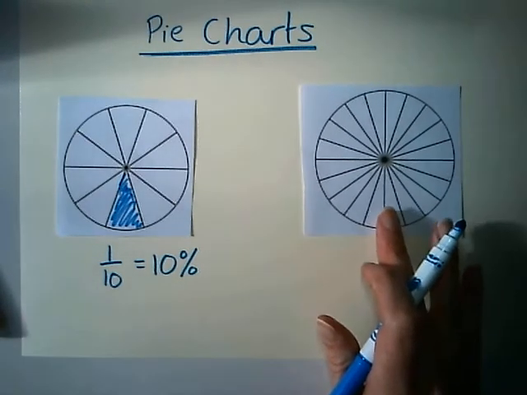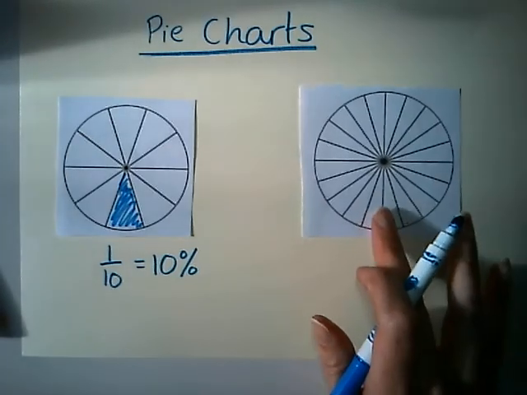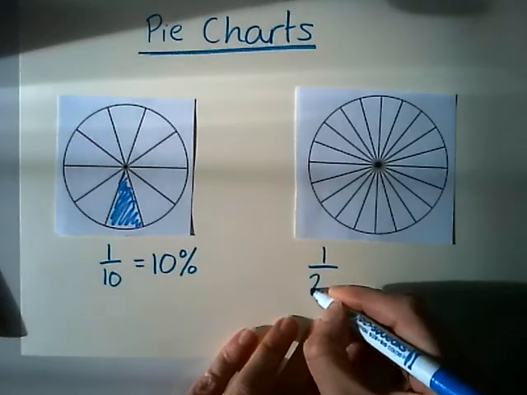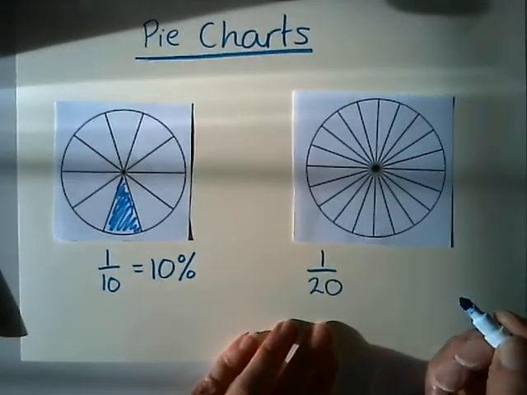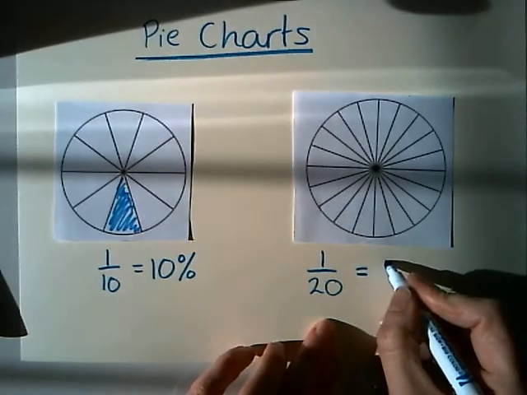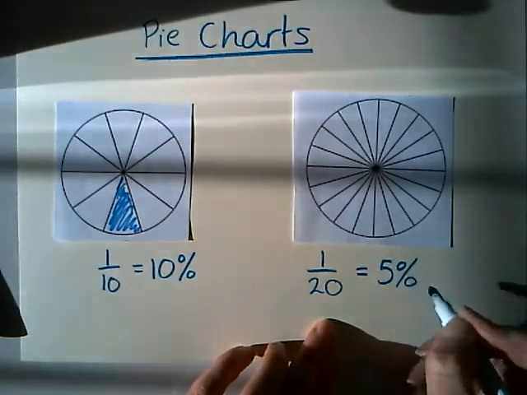Looking at the next one, there are 20 sections here. So that fraction would be 1/20th, which is the same as 5%.